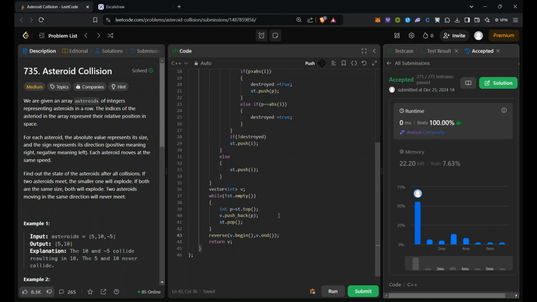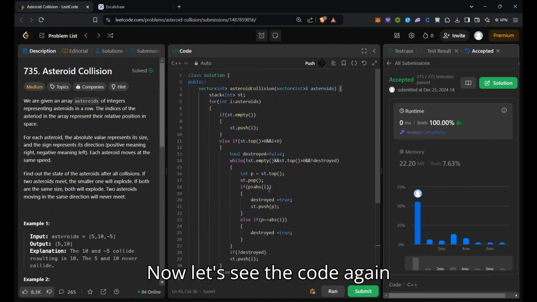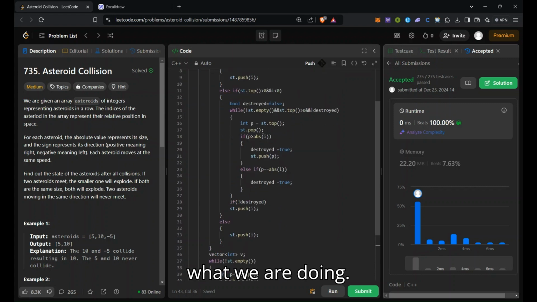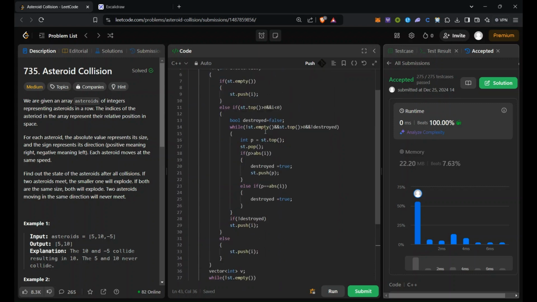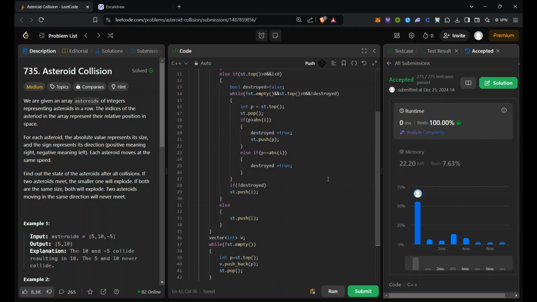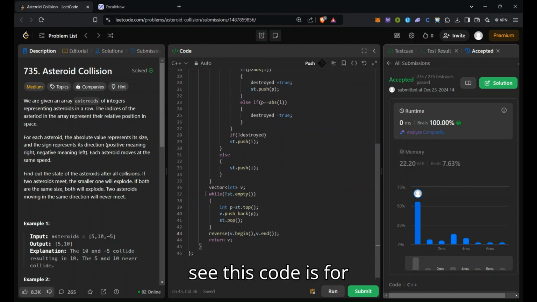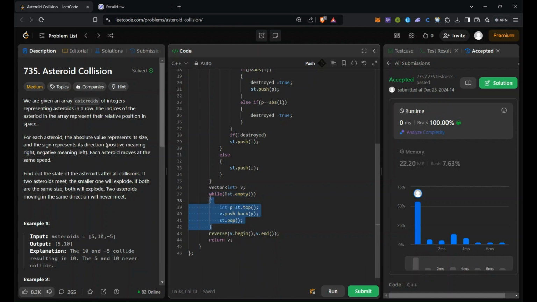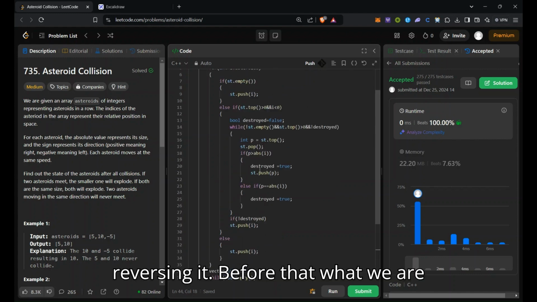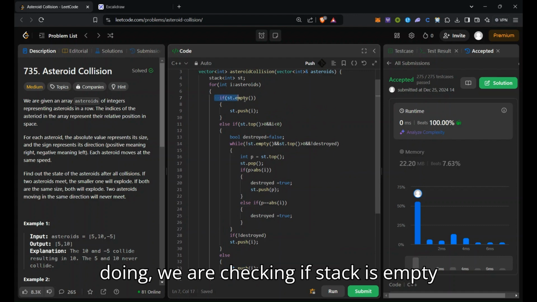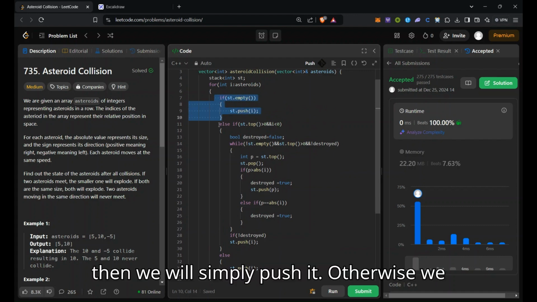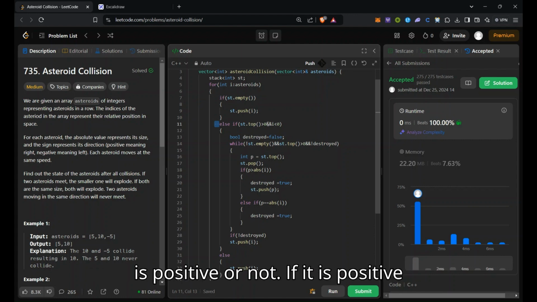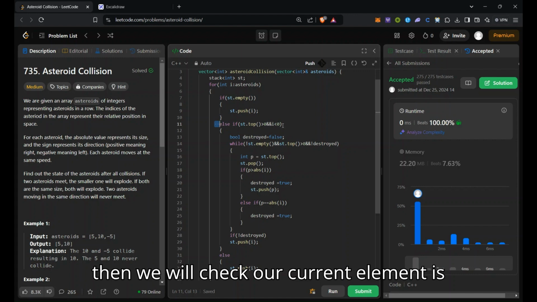Now let's submit it. Okay, it got accepted. Now let's see the code again. What we are doing: this code is for getting all the elements from the stack into a vector and reversing it. Before that, we are checking if the stack is empty, then we simply push it. Otherwise, we check whether the top element is positive. If it is positive, then we check whether our current element is negative.